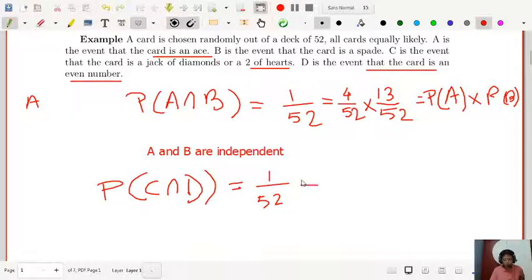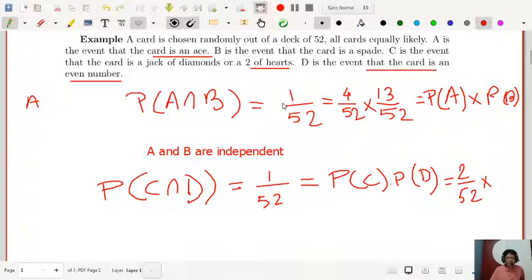But you see, if you calculate the probability of C into the probability of D, right? What is the probability of C? The probability of C is jack of diamonds or a 2 of hearts, so that is 2 by 52, right? And D is the card is an even number, which means 20 possible cases. So the favorable cases by the classical definition are 20 by 52.